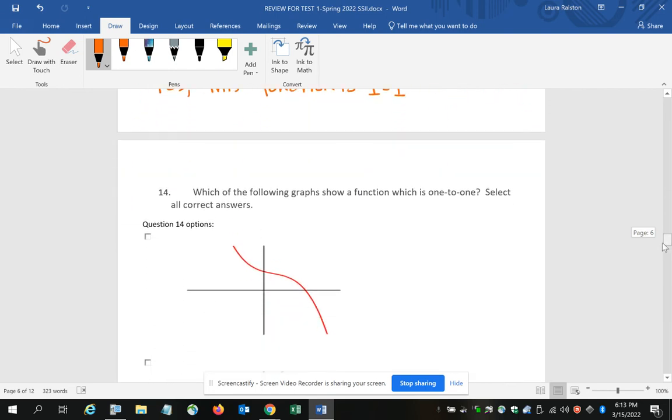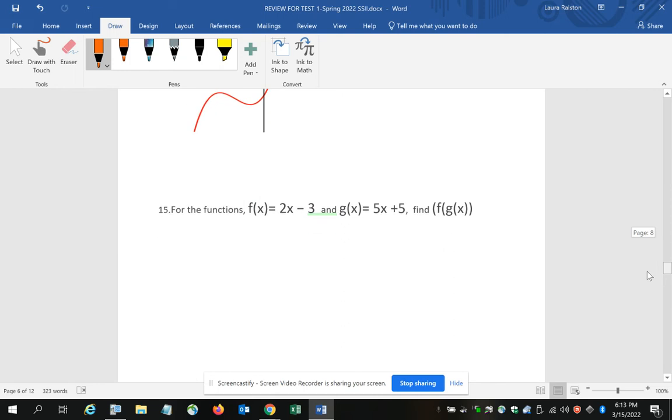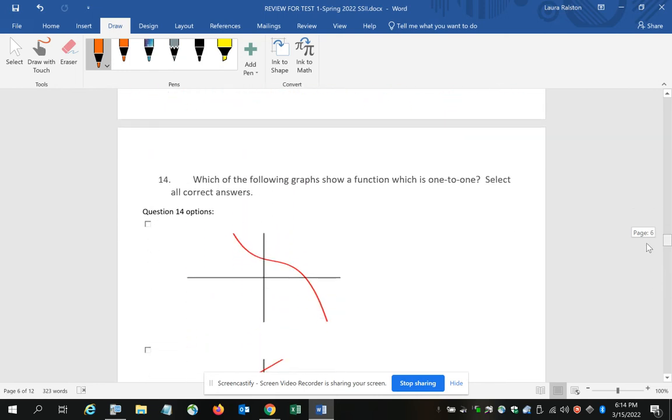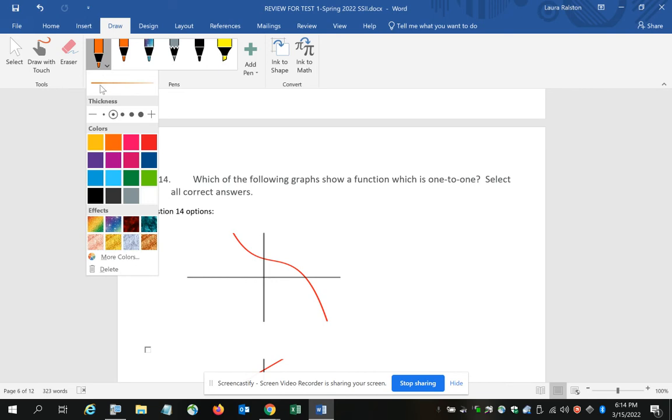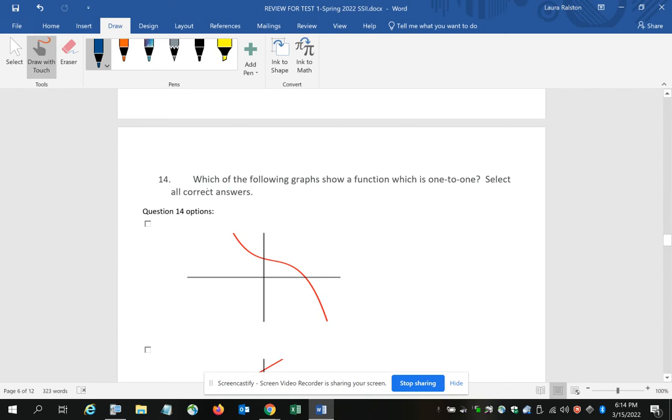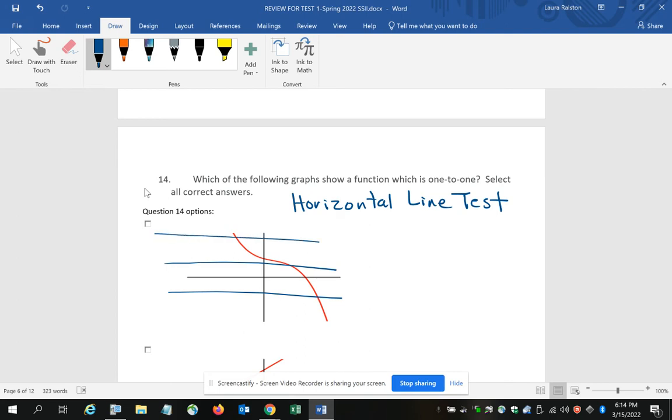Question 14 gives you several graphs, and it wants you to determine which of the graphs are 1 to 1, and it says select all of the correct answers. So you could select more than one in this problem. And again, to decide whether it's 1 to 1, we're going to use the horizontal line test, which means if I can draw a horizontal line anywhere on the graph and it only crosses one time, then the function is 1 to 1.